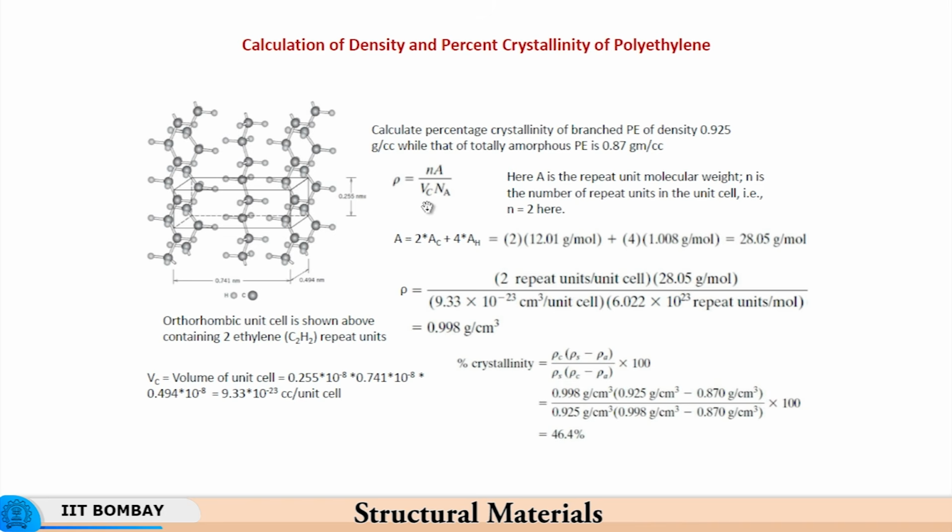Okay, and so the density is 0.9998 gram per cc. So this is the Avogadro number as usual. What is different from our calculation pertaining to metals is that instead of the number of atoms per unit cell, you are talking about the number of repeat units per unit cell, and instead of taking the molar atomic weight, you take the weight of the repeat unit.